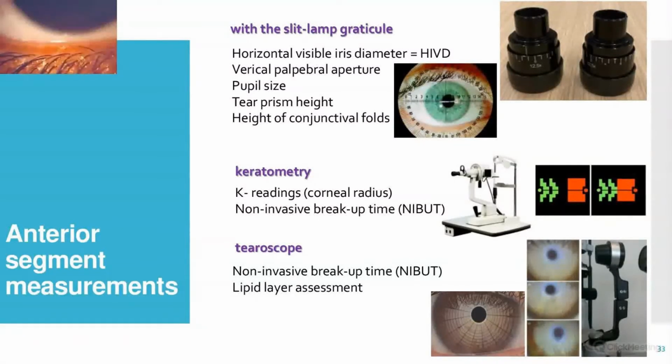But what are the possibilities when we talk about tear evaluation? At the slit lamp we can put on a stereoscope and detect non-invasive tear breakup time and lipid layer assessment. There is a stereoscope and also these interference images from the tears.